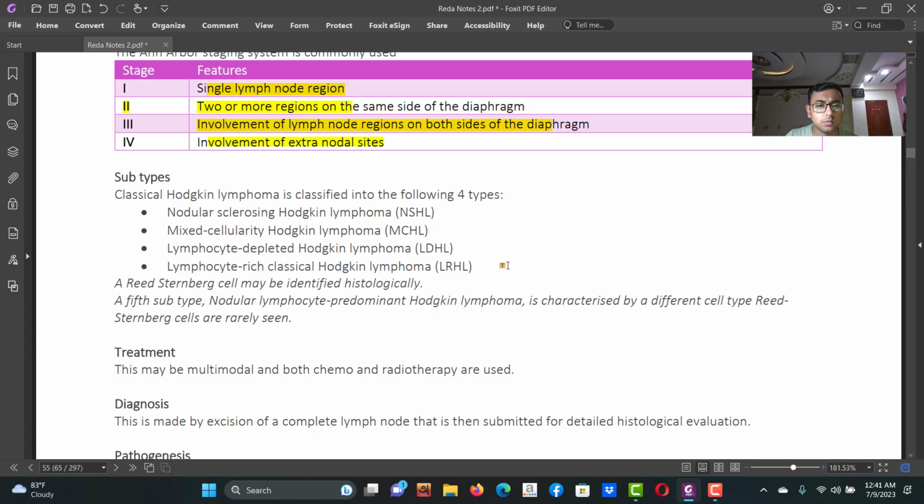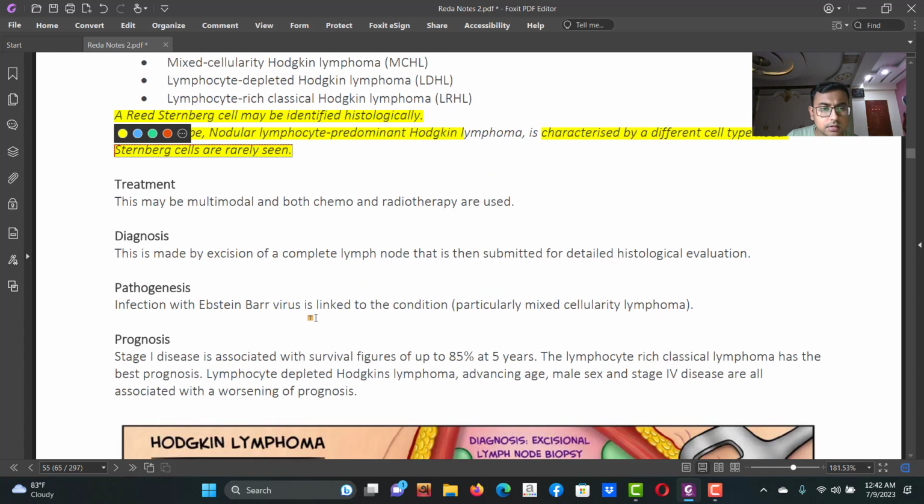The giant cell may be identified histologically. A fifth subtype, nodular lymphocyte predominant Hodgkin's lymphoma, is characterized by a different cell type, and Reed-Sternberg cells are rarely seen.